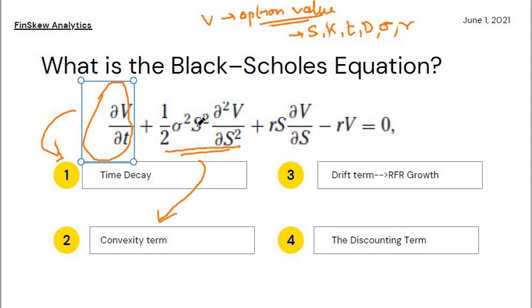Why convexity? Because it consists of your second order derivative with respect to the spot price. The third is the drift term, which is R S delta V by delta S.